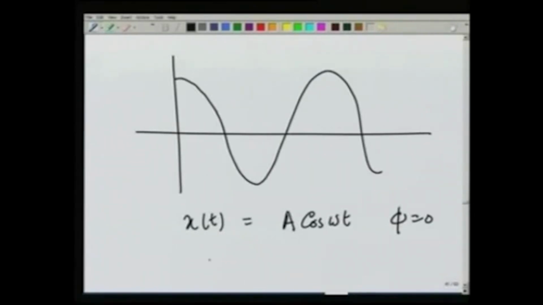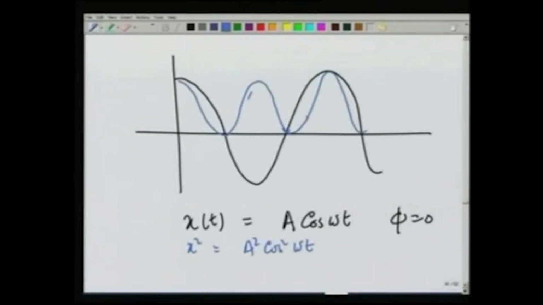If I square it, x square would be a square cosine square omega t, which is all positive. It will start from here, go down, go like this, and so on. Notice that here it is less than the displacement curve.